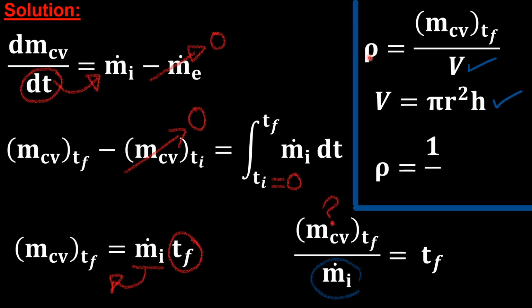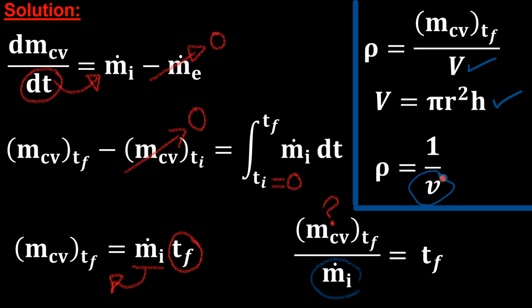Can we find the density? Yes, we can. Remember that density is equal to the reciprocal of specific volume. So how can we find specific volume? You can go to table A-17 at page 919, I think, and go to the pressure table for propane.